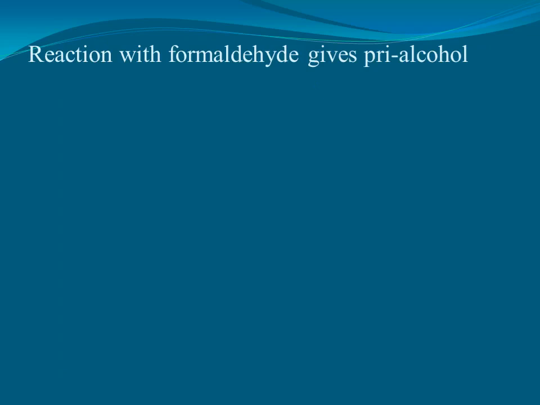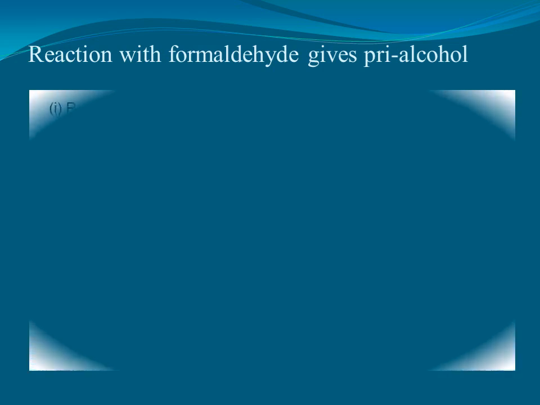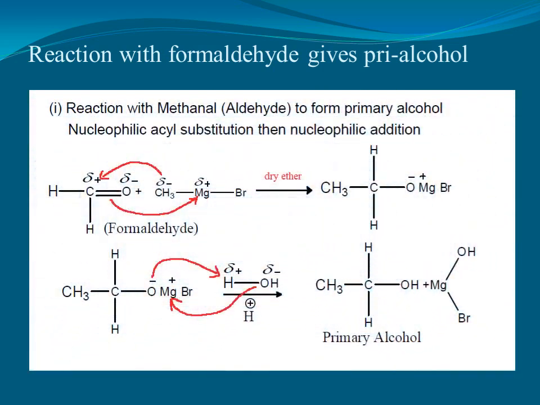Now students, let us see how these three alcohols are prepared. If we have to prepare a primary alcohol, then we react formaldehyde with Grignard's reagent. Now you can see this is formaldehyde, HC double bond O. We are going to react it with a Grignard's reagent, which is going to act as a nucleophile.